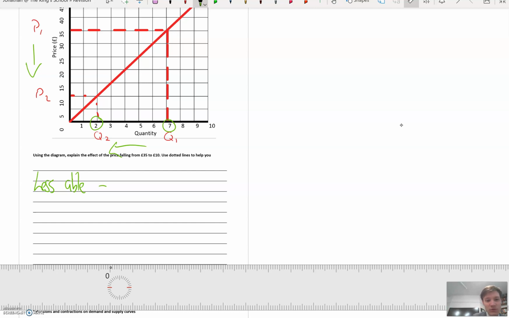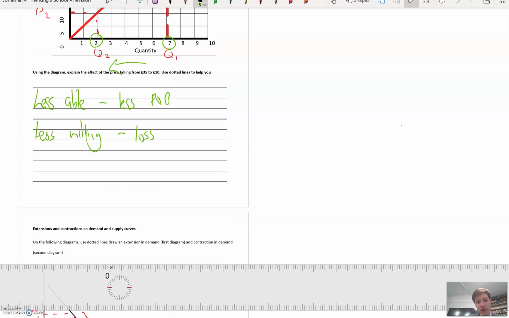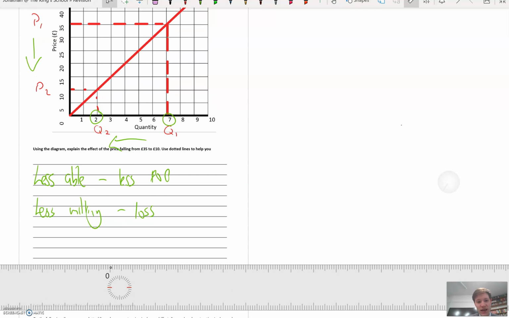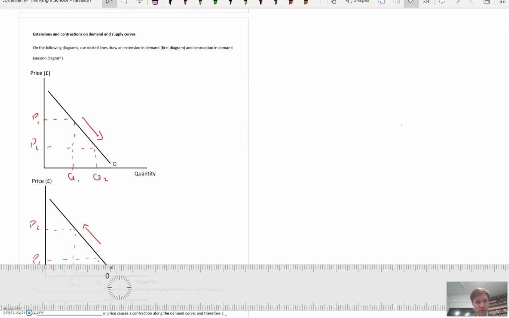They're less able. They can buy less factors of production. They're less willing, so that means that they may have a loss, for example, and they may shut down or leave the industry, or they may just have less output and fire some workers, because it's too expensive. They're not able to keep those.